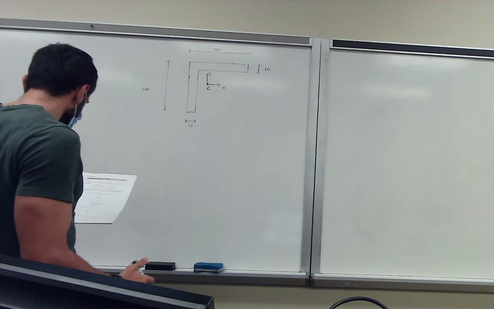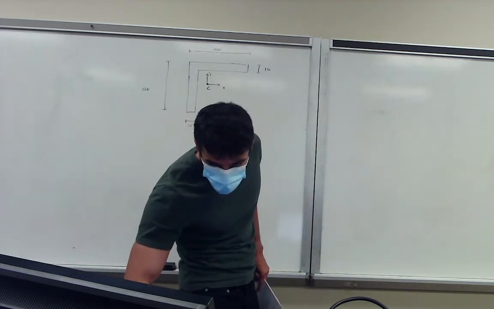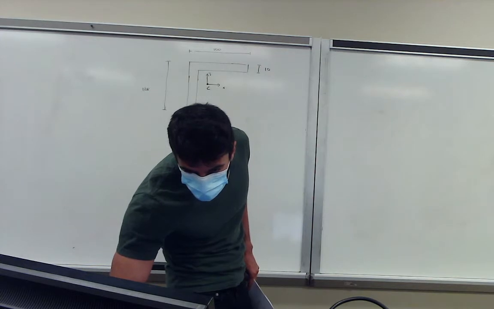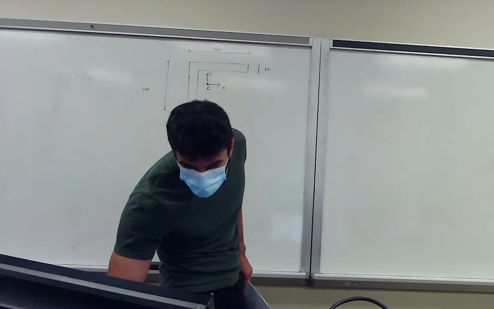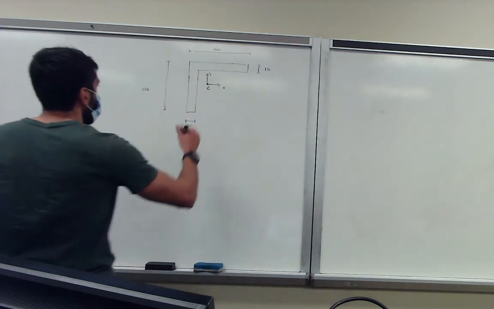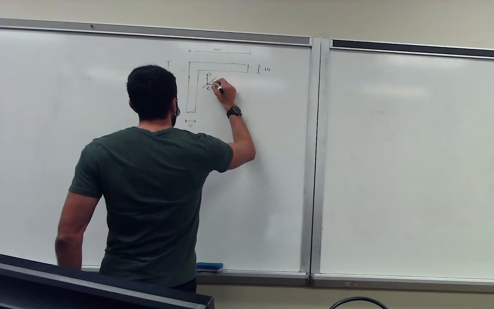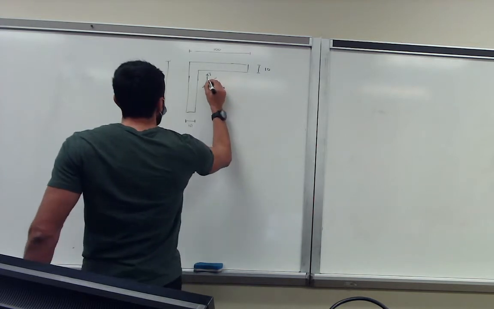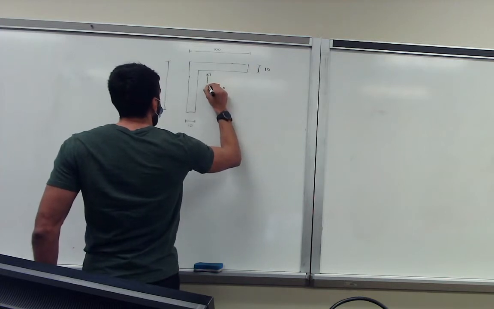Let's see what the exact question is. Yeah, the bending moment is applied in a plane 30 degrees to the vertical y-axis. So basically they say there's an axis here that we define, and that one is 30 degrees with respect to the y-axis, and the moment is applied there.